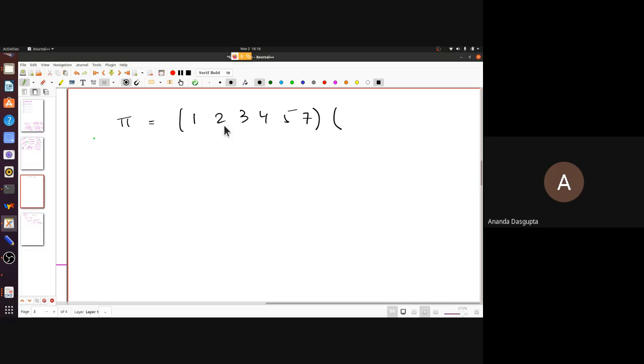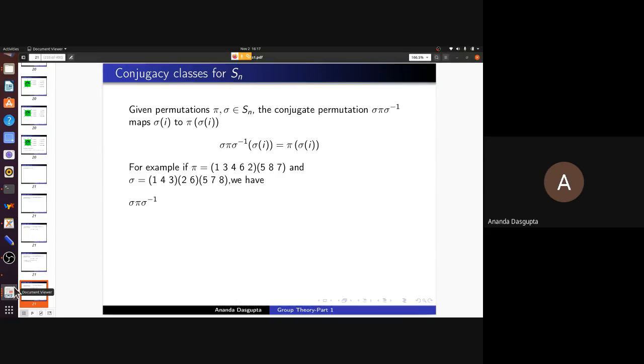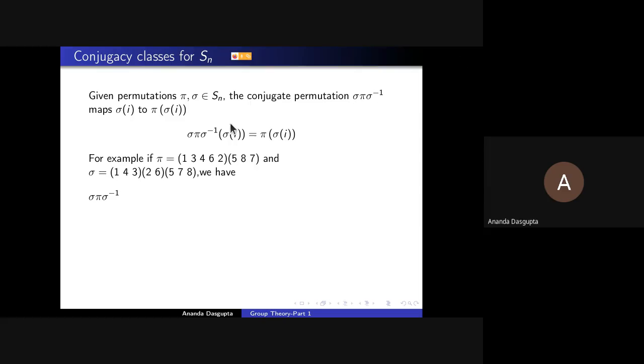Maybe this takes 1, 2, 3, 4, 5, 7 in this cycle, and then I missed out 6, 9, 8, let's say, and sigma. Okay, I think I got the right thing, I just read it wrong. Sorry about that. This pi is this particular cycle 1, 3, 4, 6, 2, and 5, 8, 7. That is a 5 cycle and a 3 cycle.